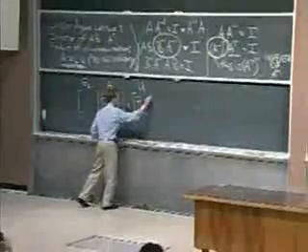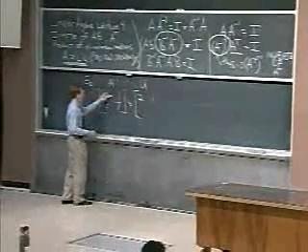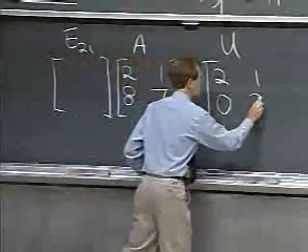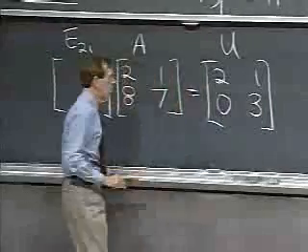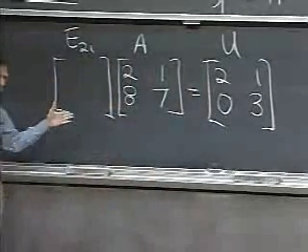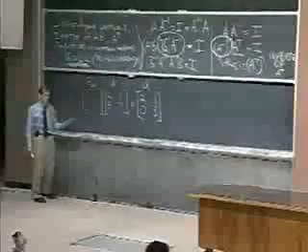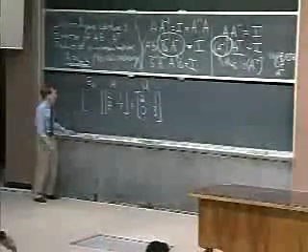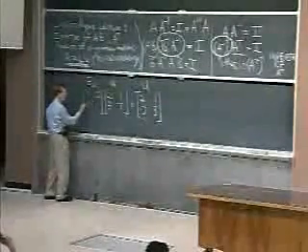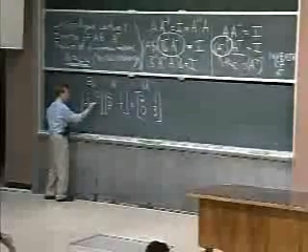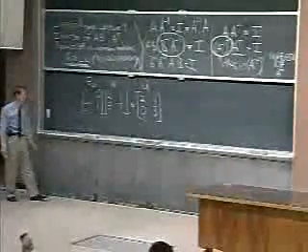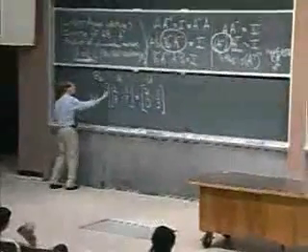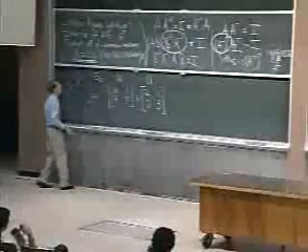So 2, 1, and I'm going to take 4 of those away from those, produce that 0, and leave a 3 there, and that's U. And what's the matrix that did it? Quick review then. What's the elimination elementary matrix E21? It's 1, 0, and negative 4, 1.